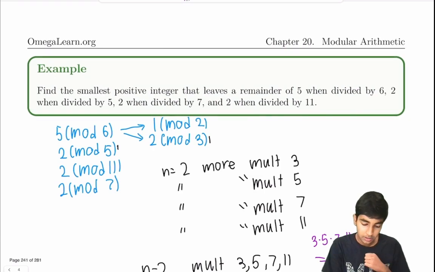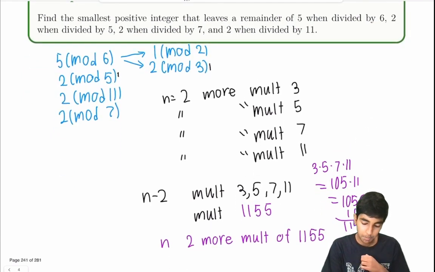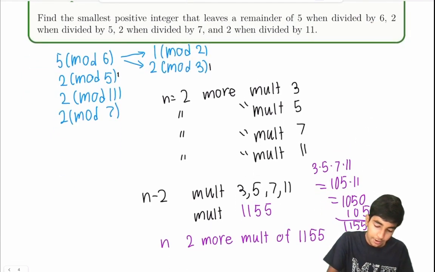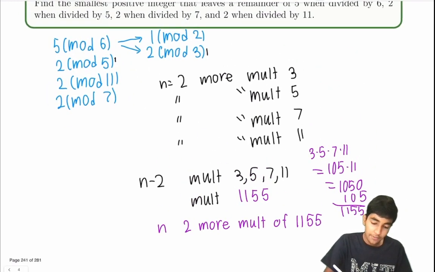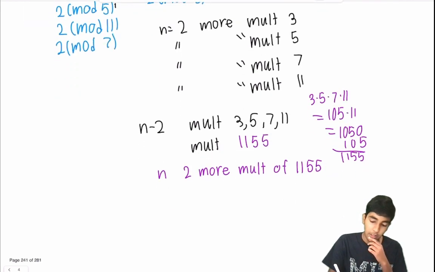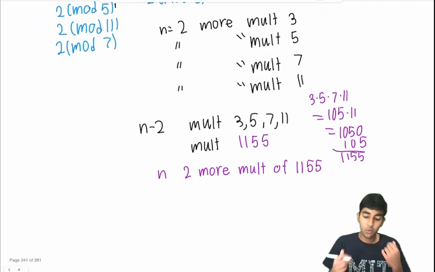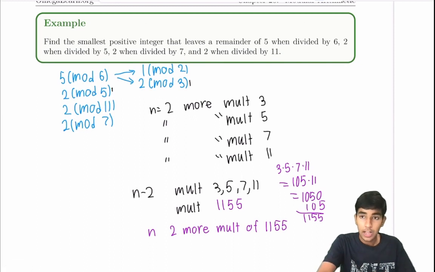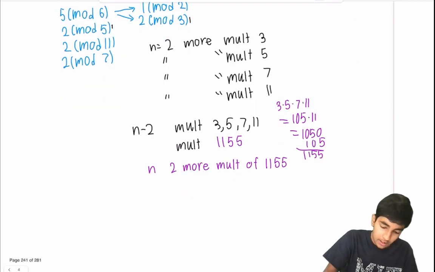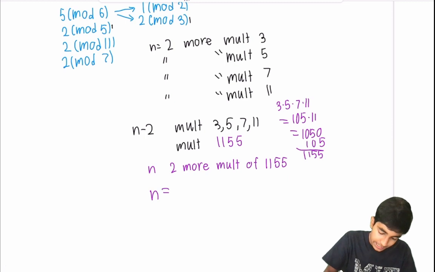Okay. But we already have used all of these conditions. But notice how we also have this condition that it's 1 mod 2. So n is 2 more than 1155. Let's list out the possibilities so far. Okay, so the first possibility, and let's write this in modular arithmetic notation. 2 mod 1155, right?